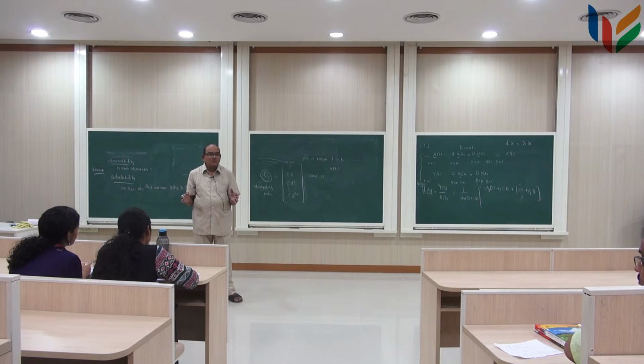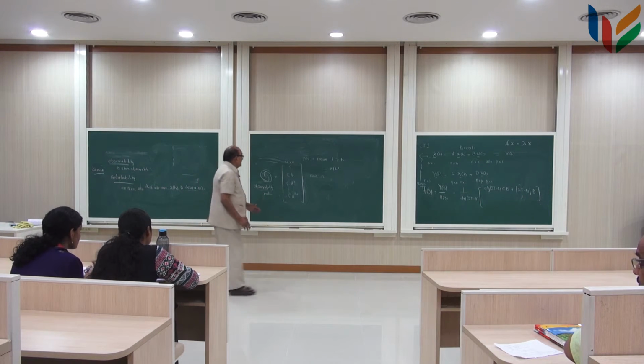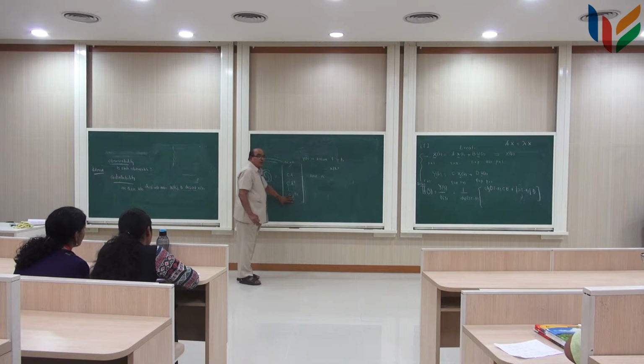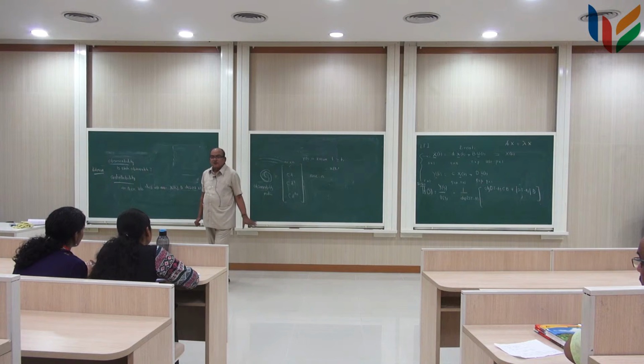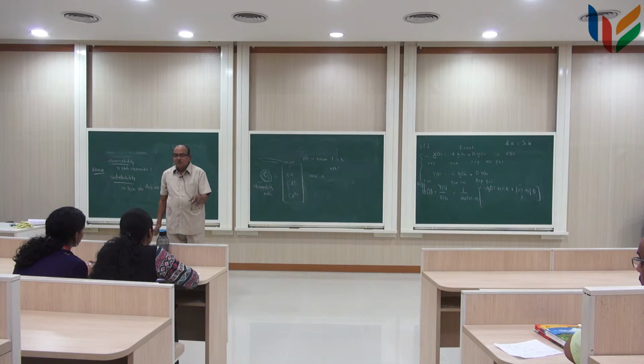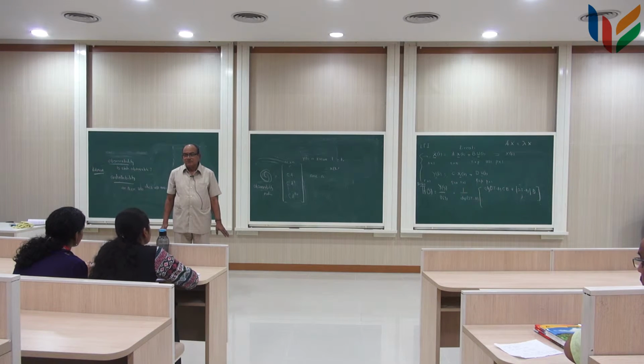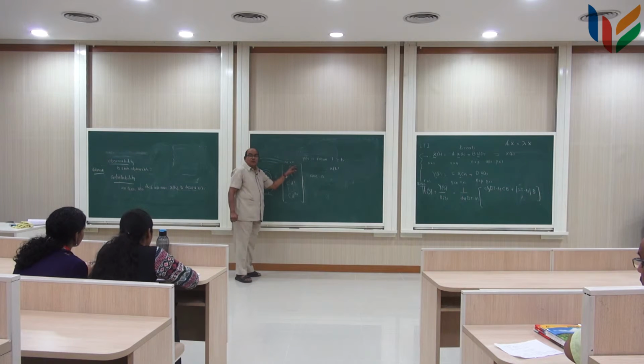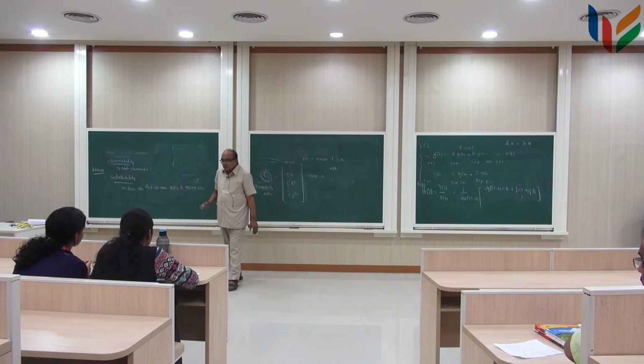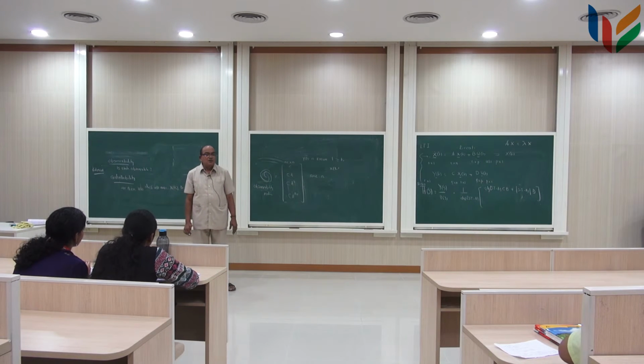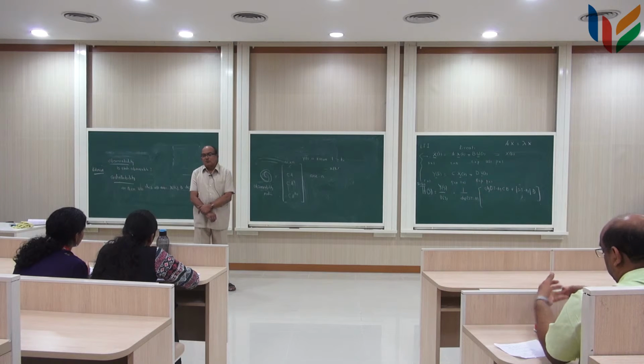So, what it says is, for this matrix, you should be able to find a sub matrix of size n by n which is non-zero. Then this matrix has rank n. So, this matrix here, which is of size nR by n, must have a rank equal to n. If this is satisfied, then the system is observable.